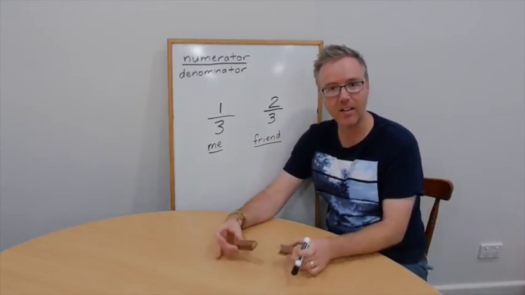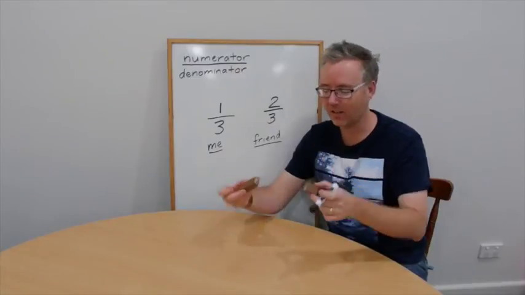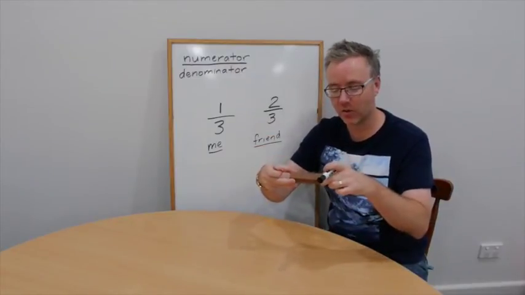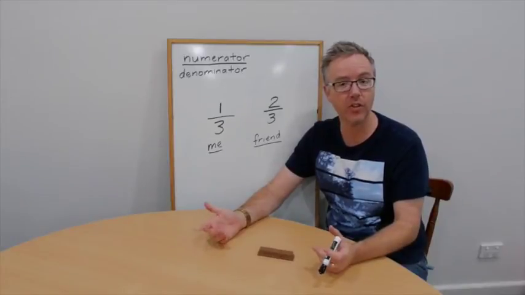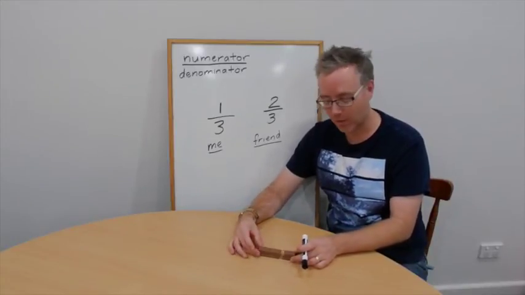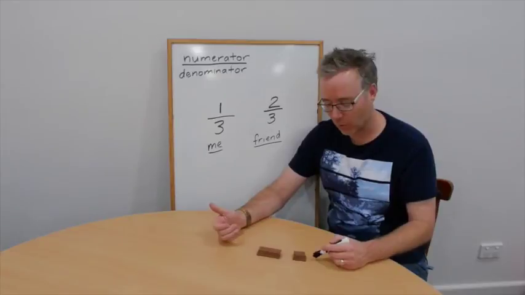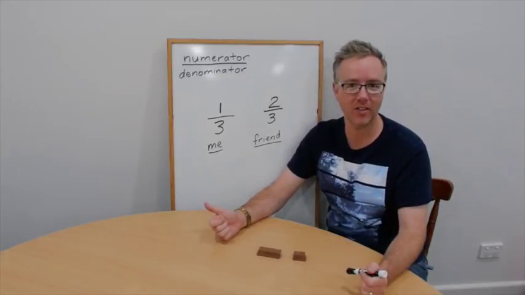You can see here that 1/3 and 2/3 equals a whole, if I had them back together. But of course, today we're doing fractions. We need to share the 1/3 and the 2/3.